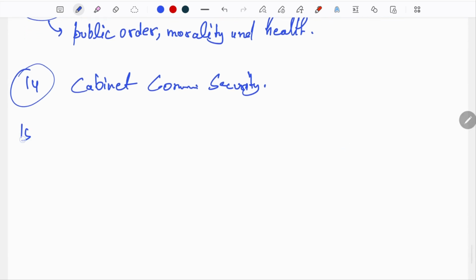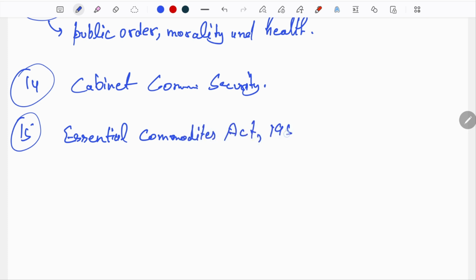Now the next one you have to do is the Essential Commodities Act. Just look through it. The Essential Commodities Act, 1955. Just remember that this act is to curb hoarding, offset retail inflation, and maintain national food security.